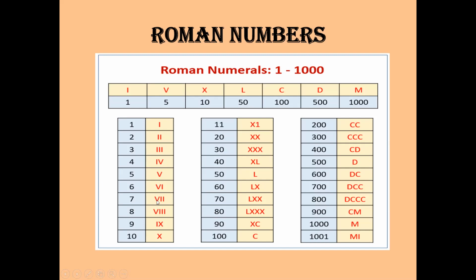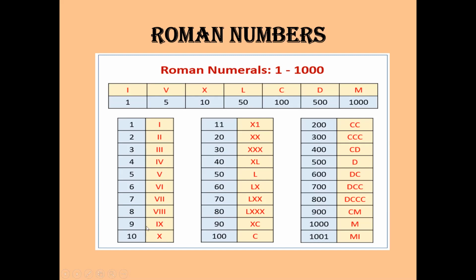Now if you write 5 plus 2, because I and V means 5, 5 plus 1 is 6, plus 1 is 7. So like this we can write 7. For 8, 5 plus 1 plus 1 plus 1, VIII. It is 8. 5 plus 1, 6 plus 1, 7 plus 1, 8.